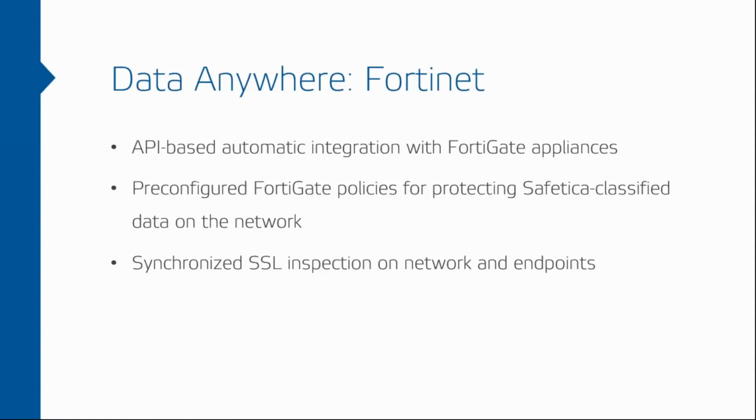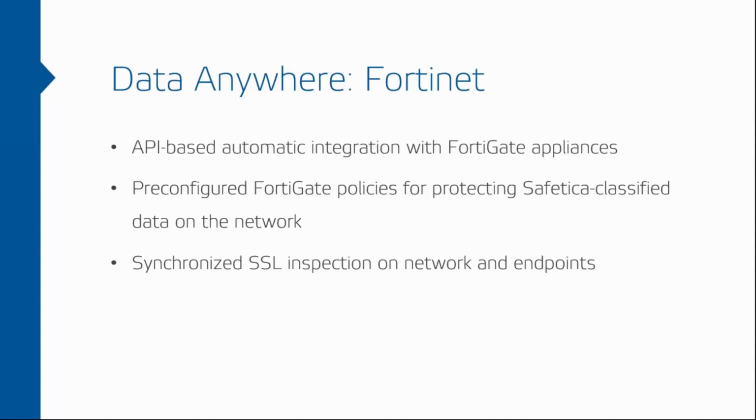And once you classify data using Safetica, we can store the classification within the data itself. In the new version, there is a new way of storing data using metadata attributes, which actually ensure that the classification remains with the files even when they leave the stations. And these kind of files then can be recognized by FortiGate appliances.